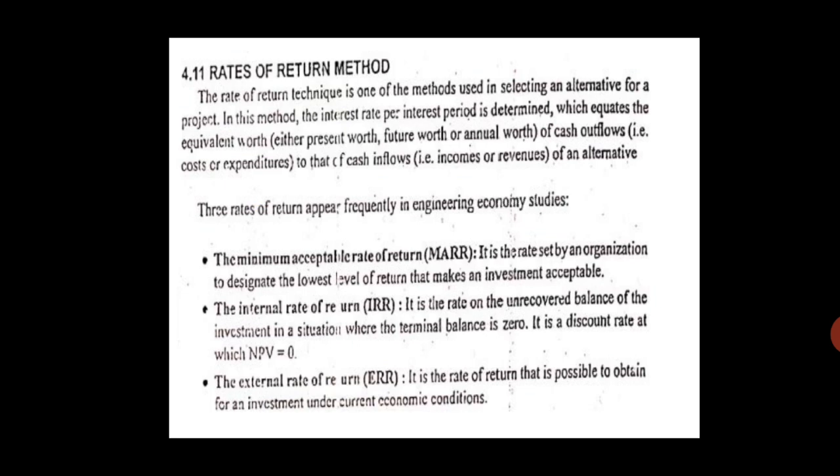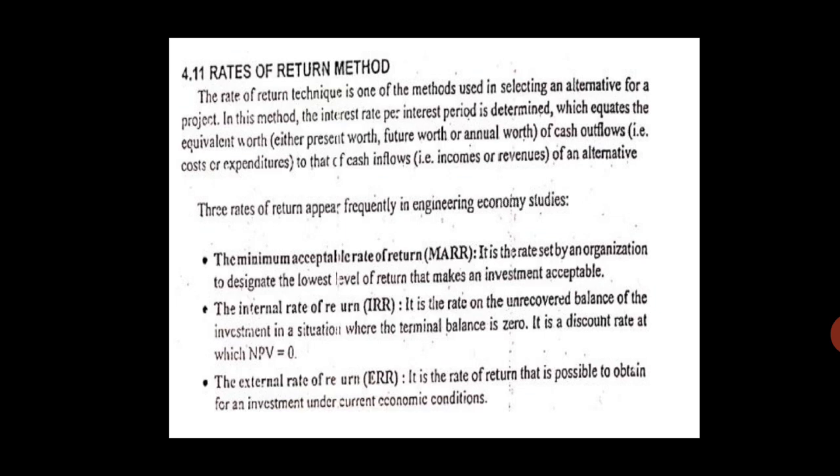The rate of return technique is one of the methods used in selecting an alternative for a project. In this method, the interest rate per interest period is determined, which equates the equivalent worth, either present worth, future worth, or annual worth of cash outflows, that is cost or expenditures, to that of cash inflows, that is incomes or revenues of an alternative.